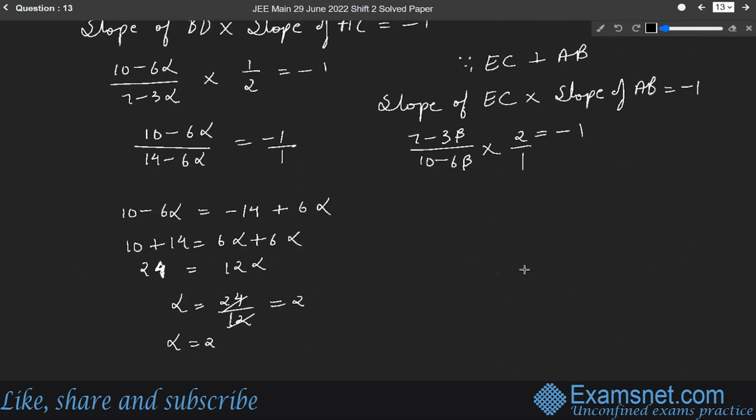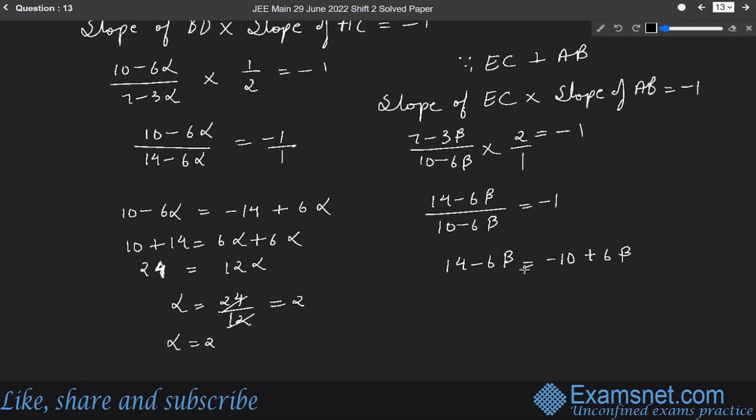Here the denominator is 1. Now let us multiply it. 7 minus 3 beta into 2 is 14 minus 6 beta divided by 10 minus 6 beta, and it is equal to minus 1. So when we cross multiply, we have 14 minus 6 beta is equal to 10 into minus 1 is minus 10. Minus 6 beta into minus 1 is plus 6 beta, right?